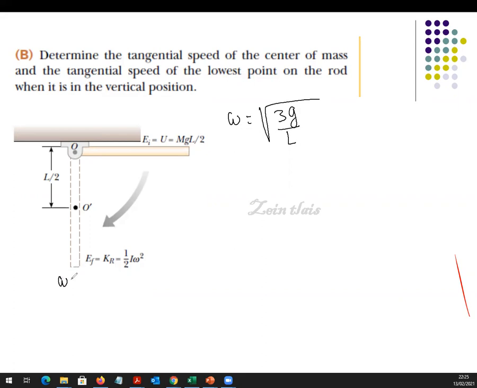Here omega equals radical 3G divided by L.